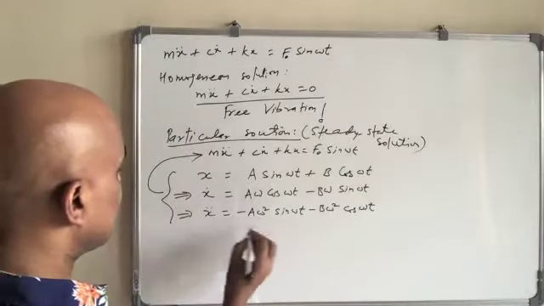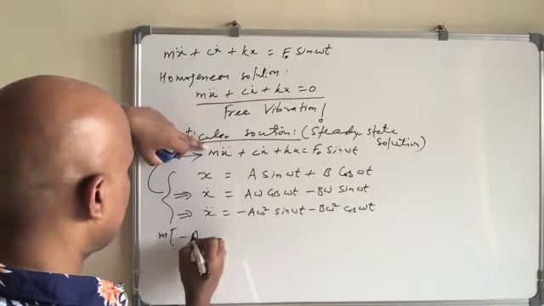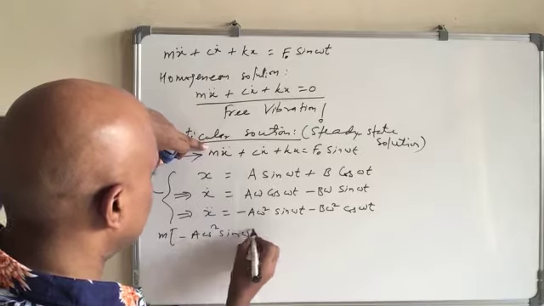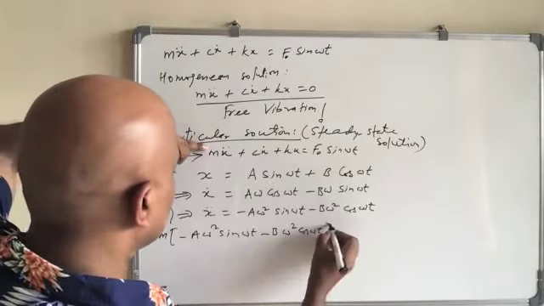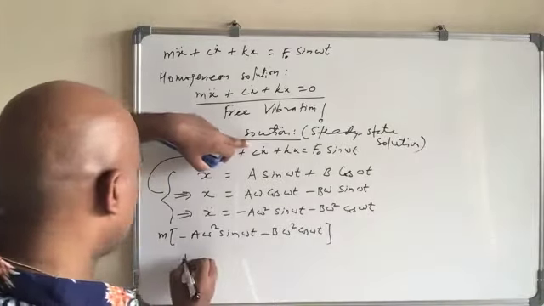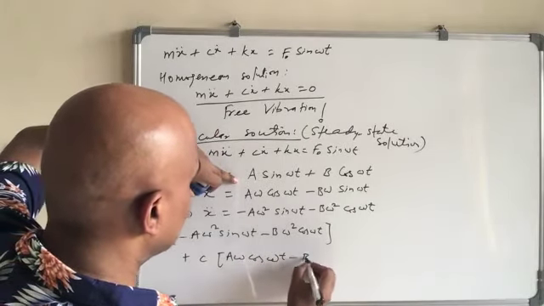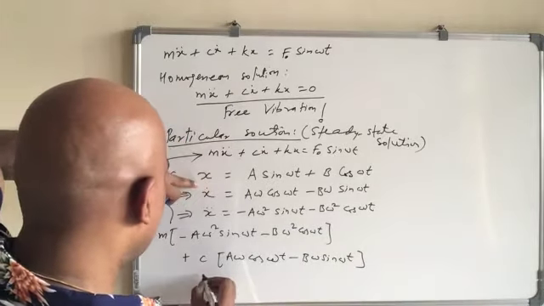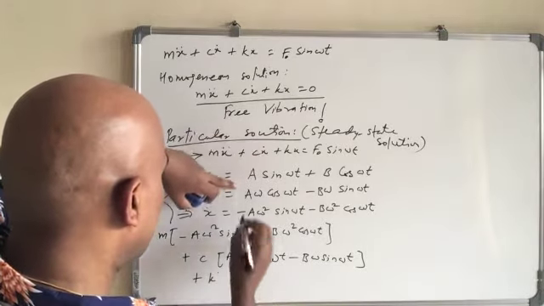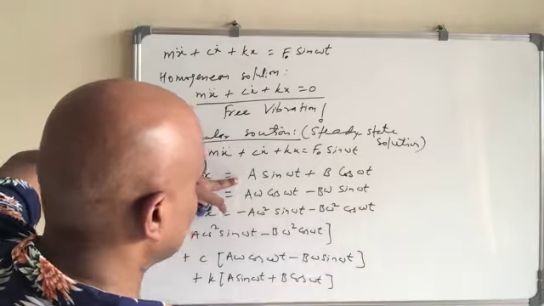And what do we get? Look at this, we put it here. So m times minus A omega square sine omega t minus B omega square cos omega t, plus c times A omega cos omega t minus B omega sine omega t, and then plus k times A sine omega t plus B cos omega t.